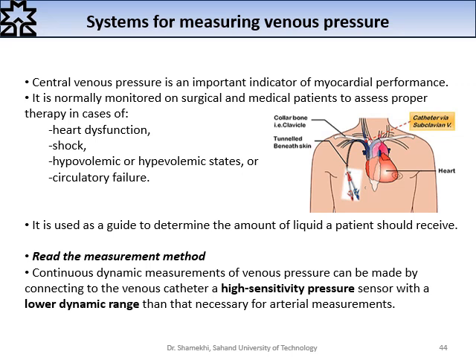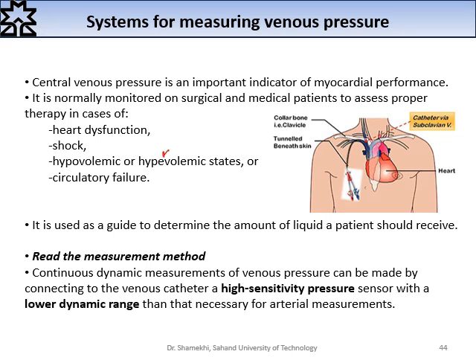It's normally monitored on surgical and medical patients to assess proper therapy in case of heart dysfunction, shock, hypovolemic or hypervolemic states, or circulatory failure. It is used as a guide to determine the amount of liquid a patient should receive, and you can read the measurement method by yourself.